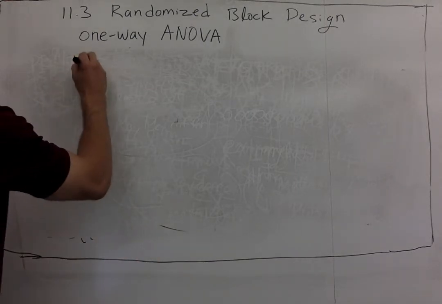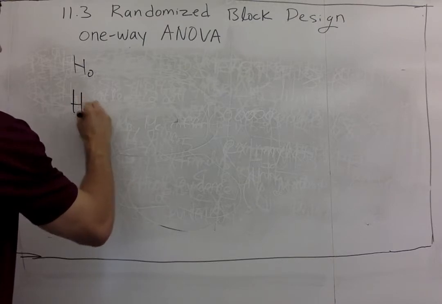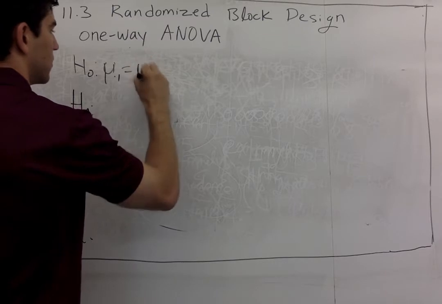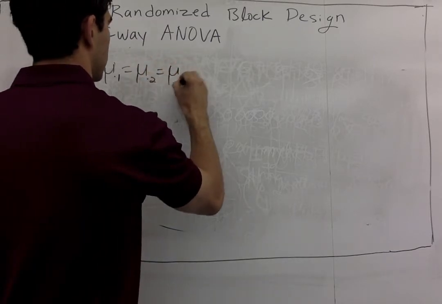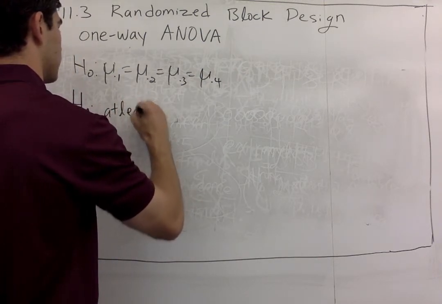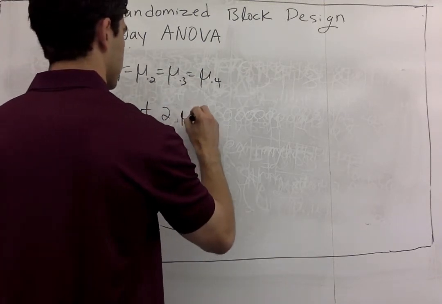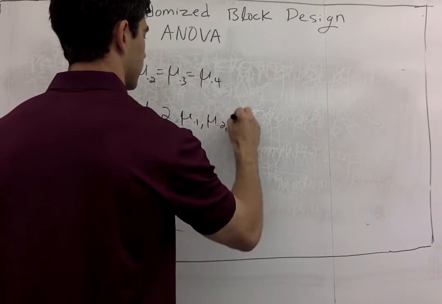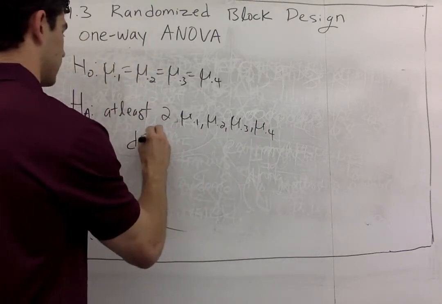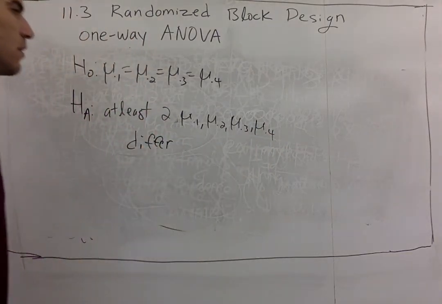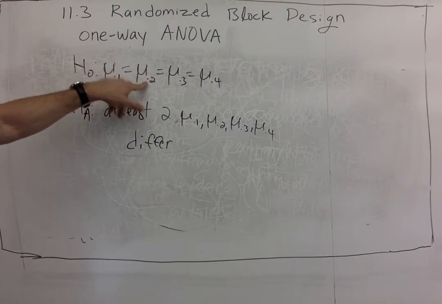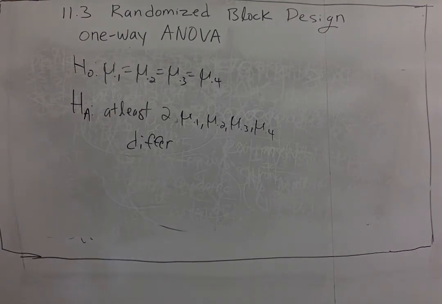So I'm really asking you to test whether the blocks are the same or not. Are the sales in store 1 equal to the average sales in store 2, 3, and 4, or do at least 2 of them differ?